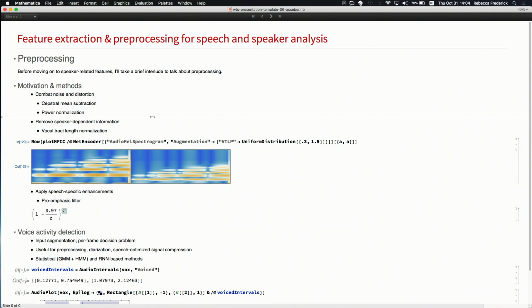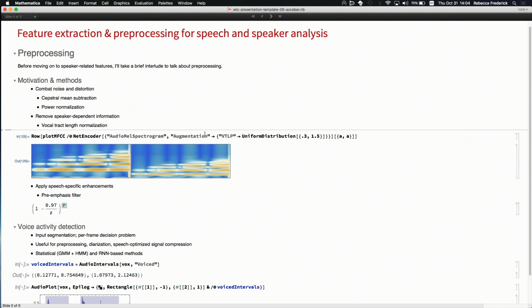I'm going to take a brief interlude and talk about preprocessing. So in the wild, many signals are noisy, and this can adversely affect the features and their ability to model an input. Various ways to combat this are with cepstral mean subtraction.